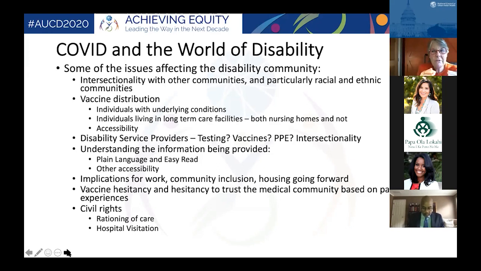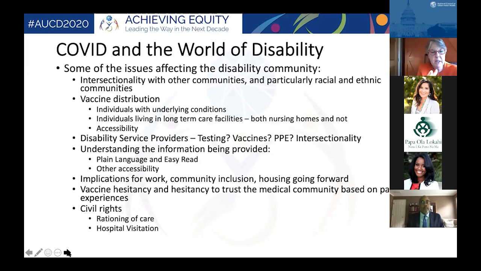No, what we are finding is that if you put something in plain language, it helps everybody understand it. It helps Joe on the corner, it helps the pharmacist, it helps the person who works in the grocery store, everyone. So part of our goal is making sure that the materials going out from this project, as well as from AUCD and the work that we're doing, are in plain language.